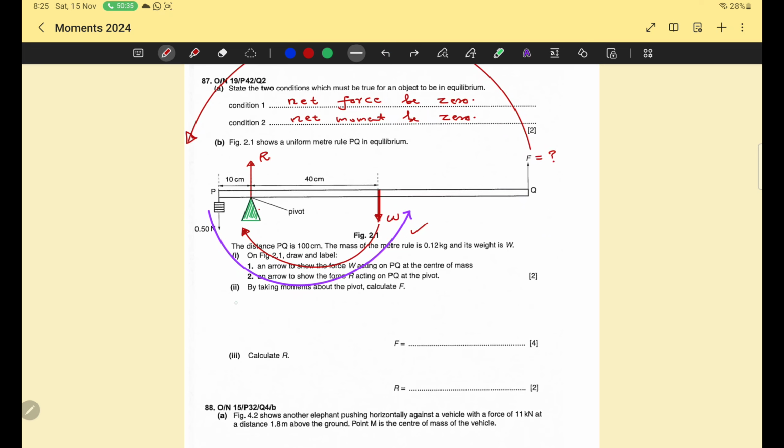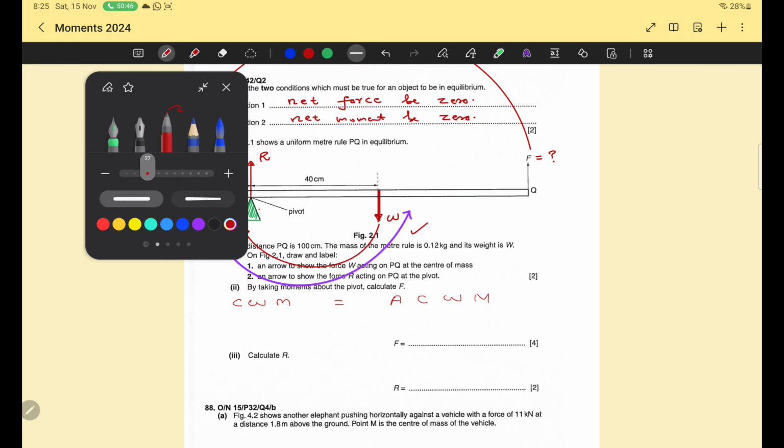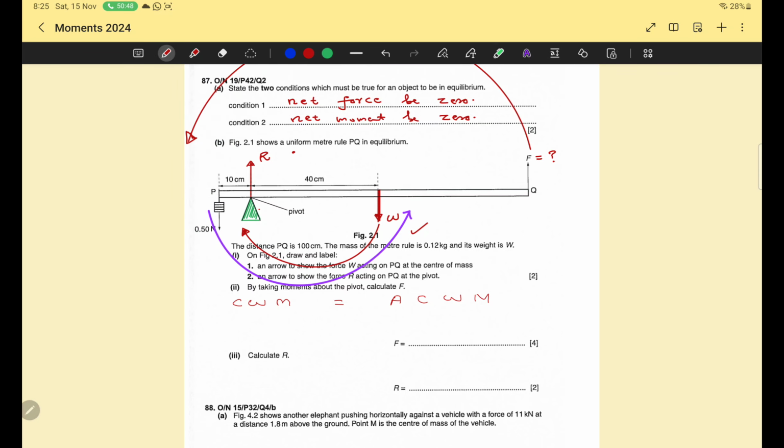So I'm writing clockwise moment equal to anti-clockwise moment. So what is the clockwise moment? The weight is producing the clockwise moment, and this weight is 40 centimeter from the pivot.